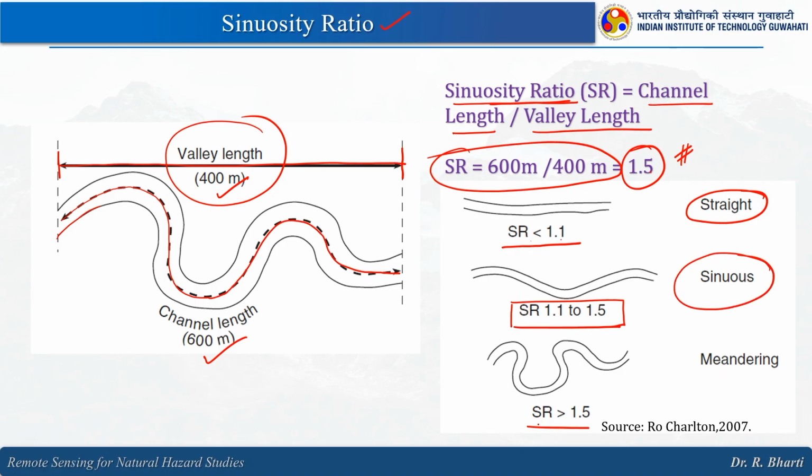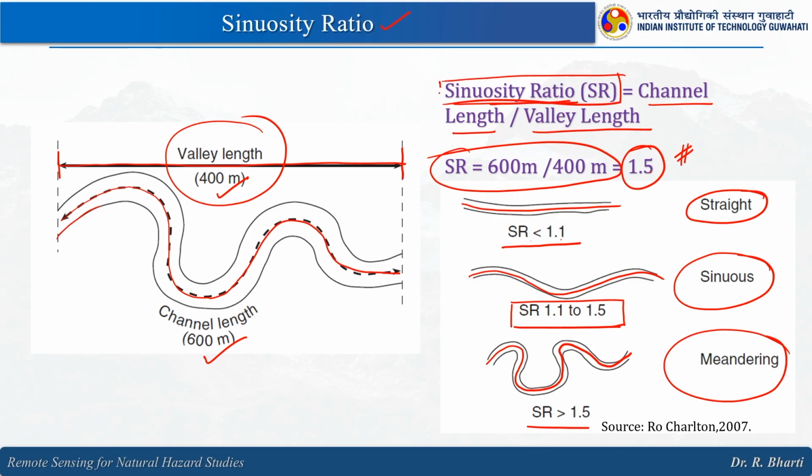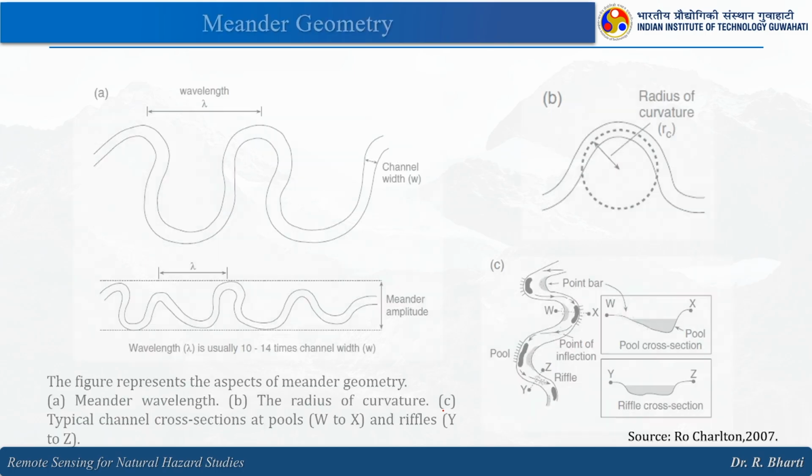When you have sinuosity ratio greater than 1.5, that means it is meandering. So, you can see this is almost straight, this has some sinuosity, then you have meandering nature, right. So, this all can be defined or identified using this sinuosity ratio. It is very popular and it is very useful.